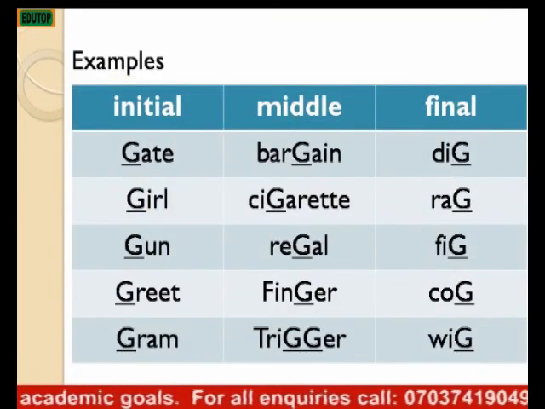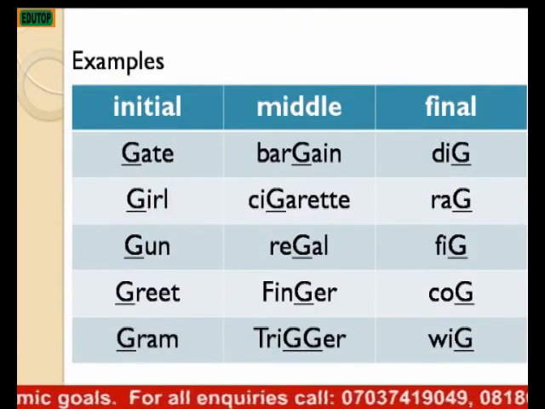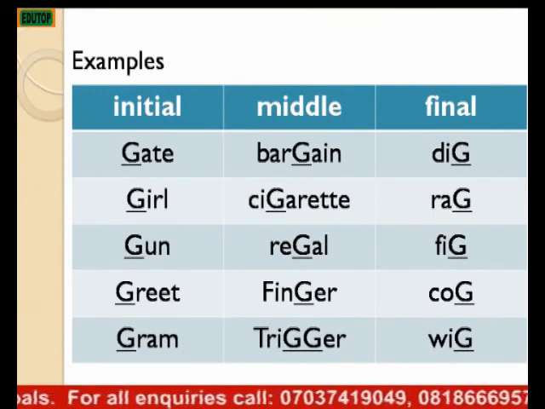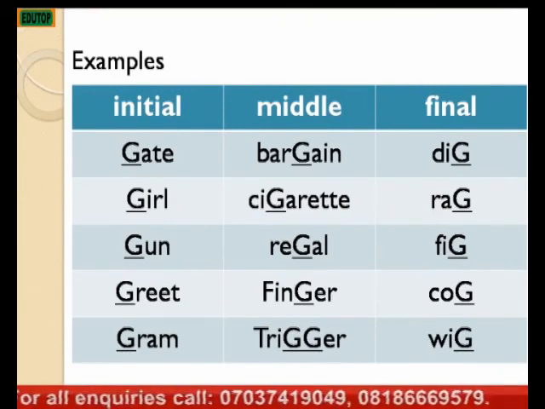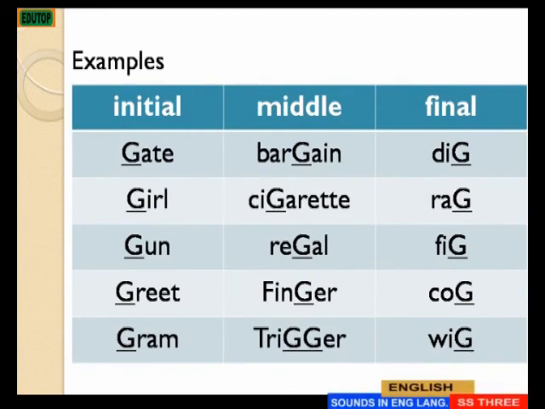Examples of words that have the sound at the initial stage are gate, girl, gun, greet, gram. At the middle stage, we can have bargain, cigarette, rigger, finger, trigger.